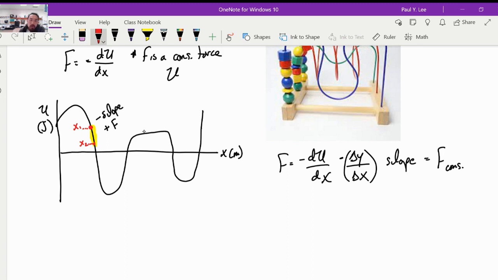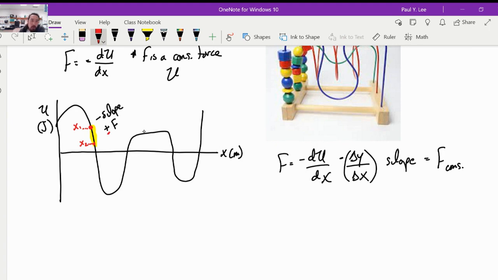The reason it's positive is that, if you remember, the definition of conservative forces is that they want to make all things approach equilibrium. If you're going towards equilibrium, that gives us a positive force.